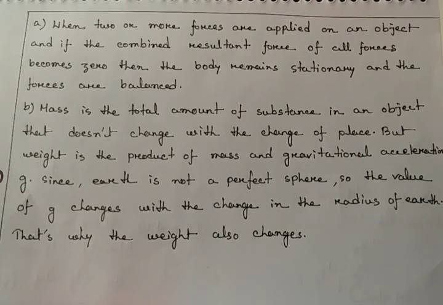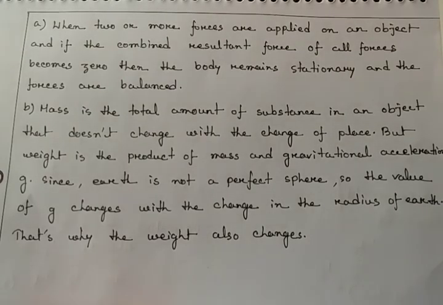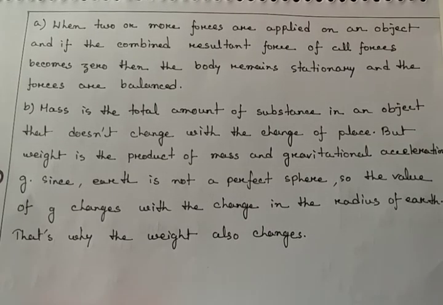As we know, mass is the total amount of substance in an object, and that doesn't change with the change of place or situation. But weight is the product of mass and gravitational acceleration, that means small g. Weight is the product of m and g.